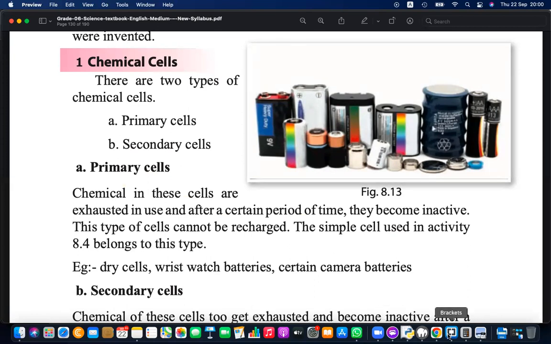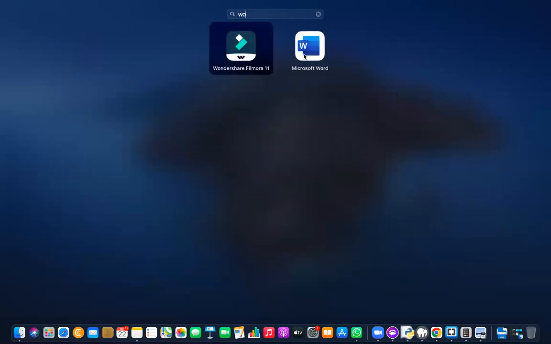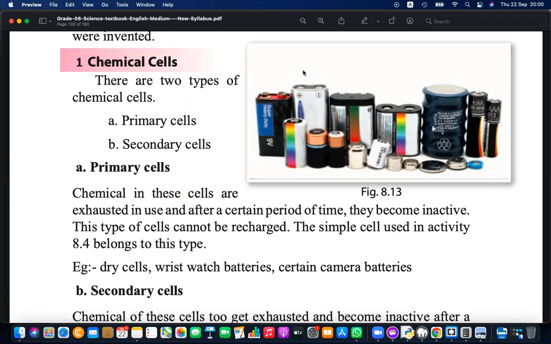So just write down this part quickly. I'll give this as a question. We write down as a question.